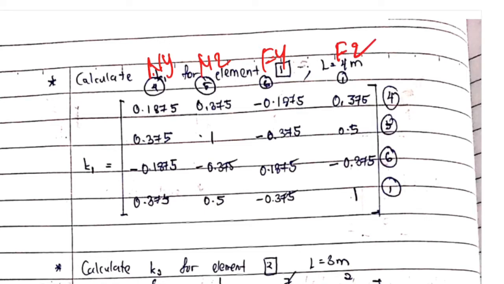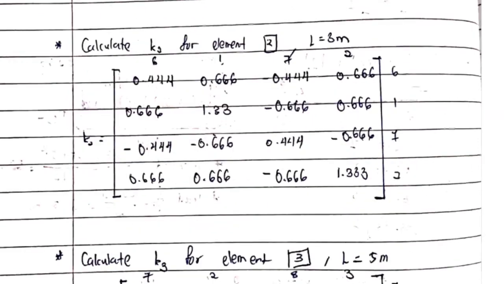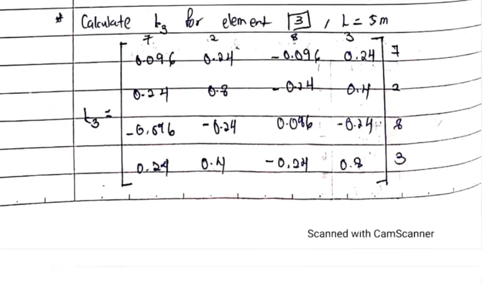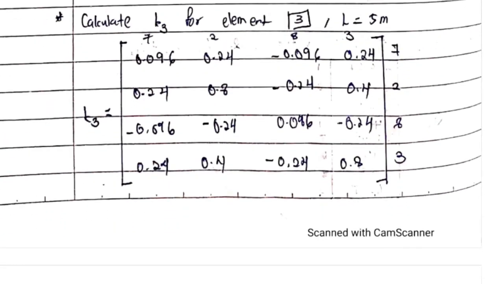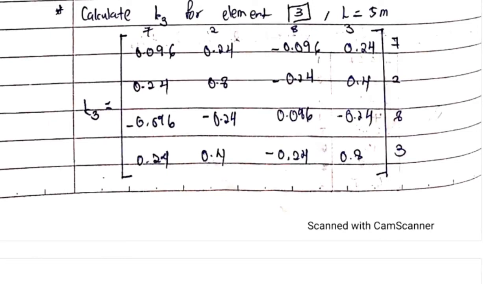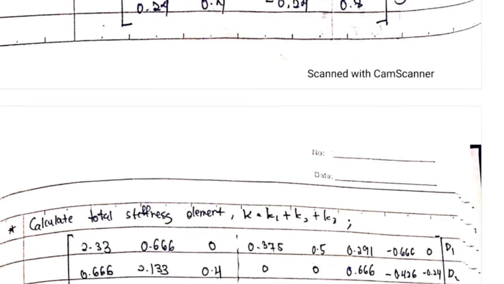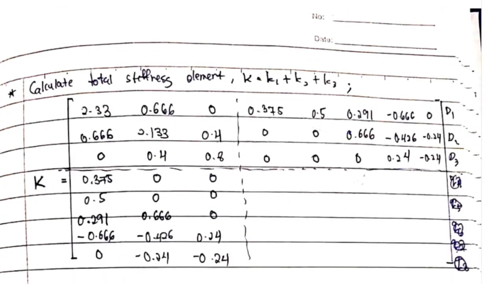Okay, so this is okay. We calculate this using formula. Be careful when you calculate this value. Put the right value, put the right sign, because we will use this in order to establish the stiffness equation.